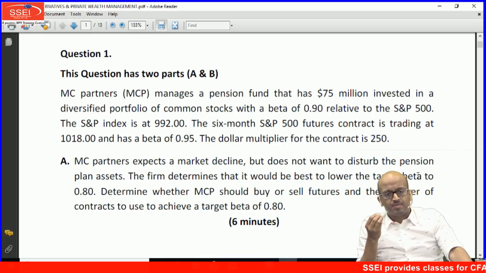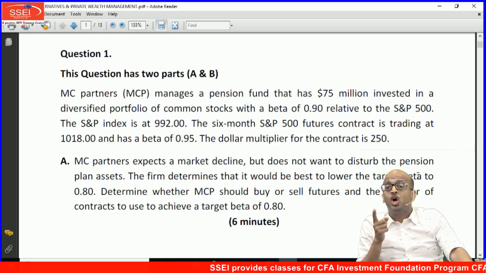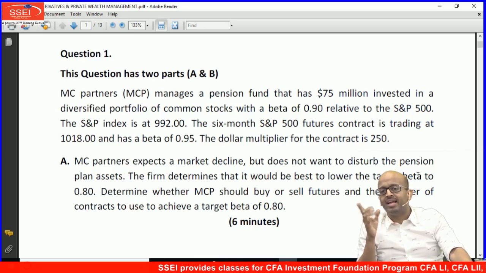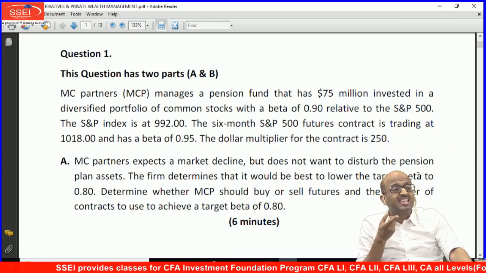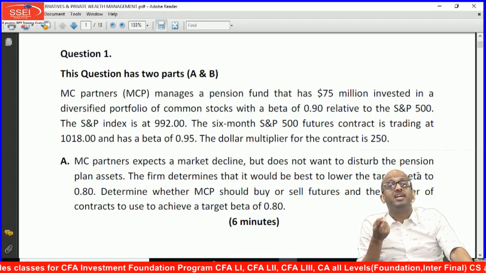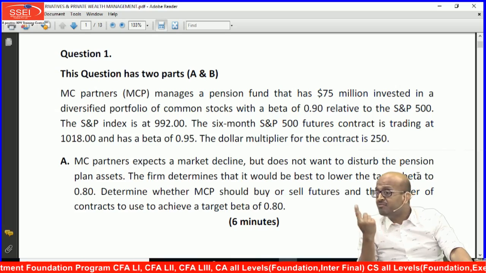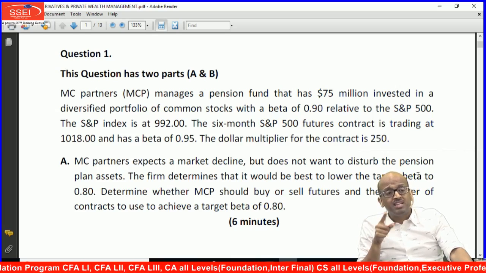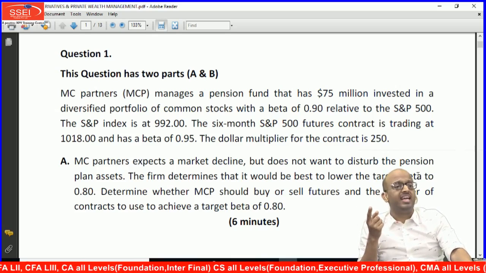Mr. A has a diversified equity portfolio of 75 million with a beta of 0.9 with respect to the S&P 500 index.